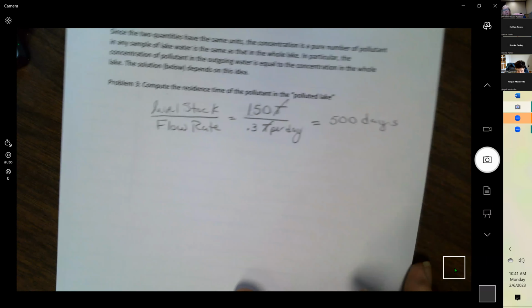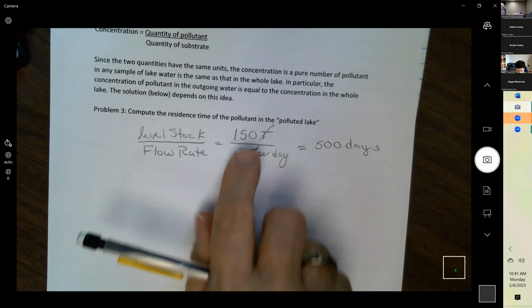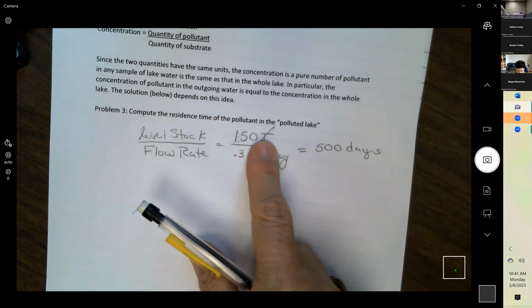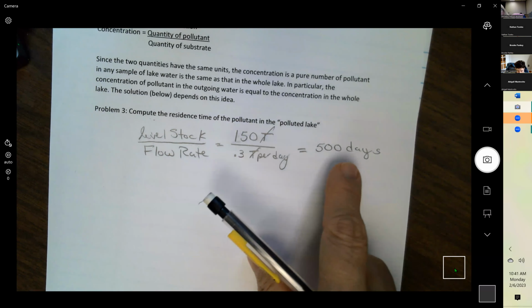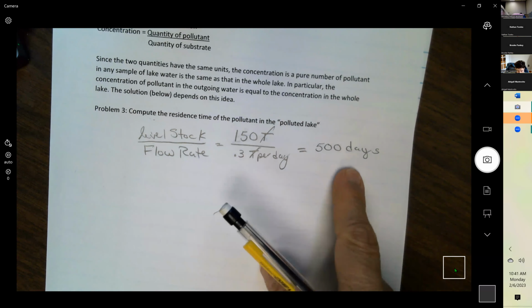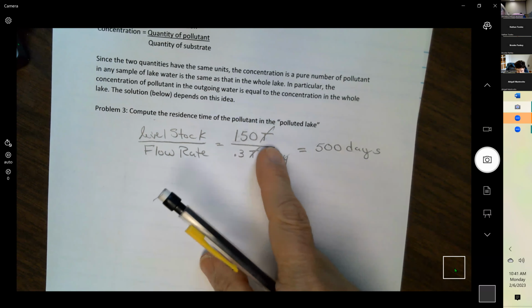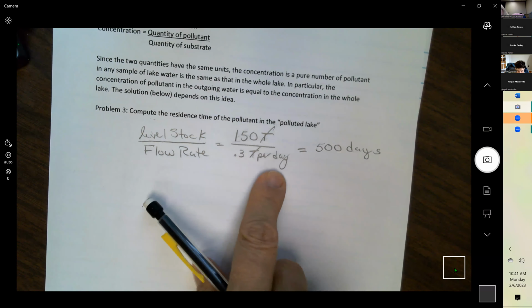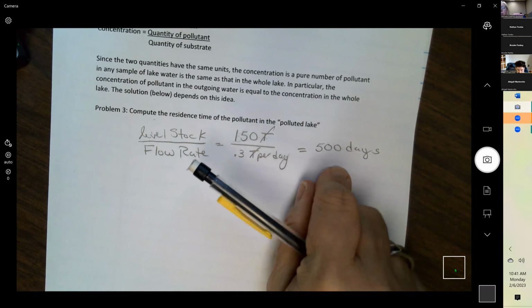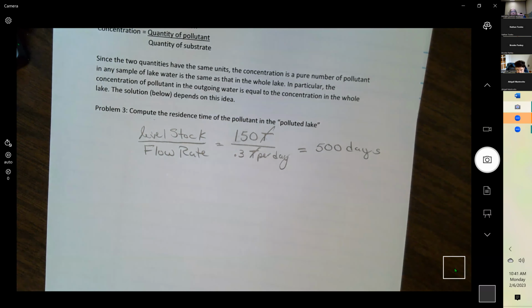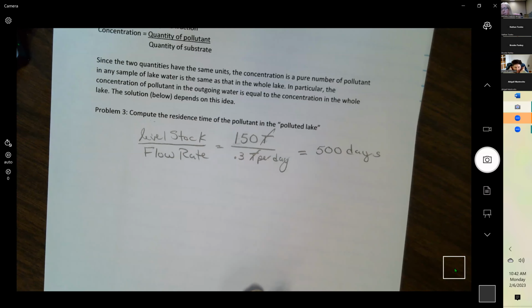So it's another way of finding the same thing. Before, we didn't know how much pollutant there was, but we were able to find out the number of days. Now that we know how much pollutant there is and how much is going out per day, we can find the number of days. So it all depends on what information you're given, what order you find things. But any questions on that?